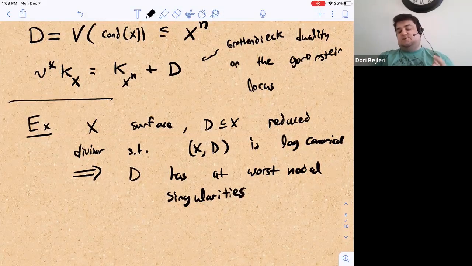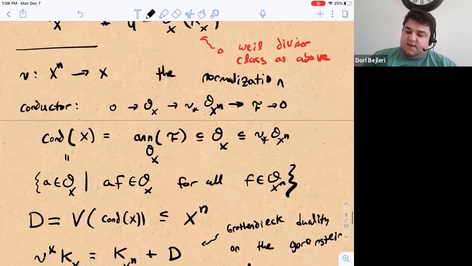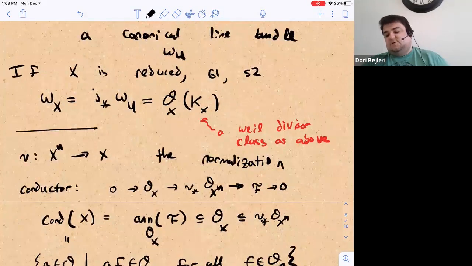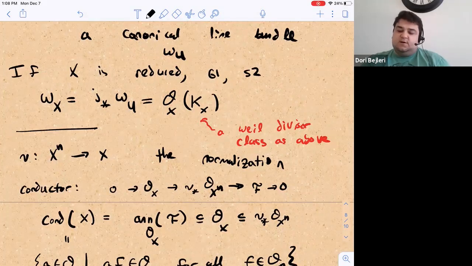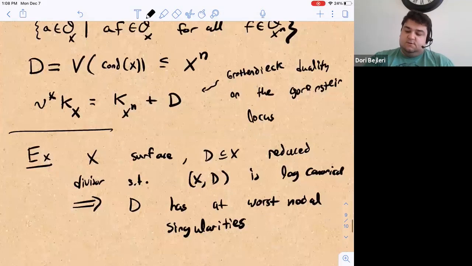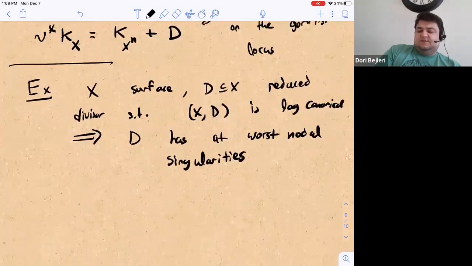So basically any divisor with coefficient 1 on a log canonical surface is at worst a nodal curve. And so this tells us that instead of looking at all G1 S2 varieties, we can look at the smaller class of varieties that are nodal in codimension 1. I'll leave this as an exercise.